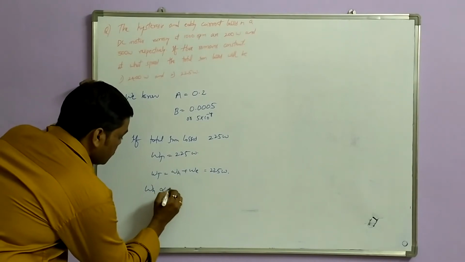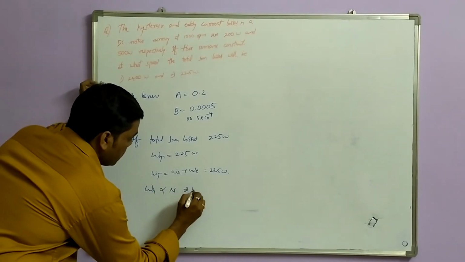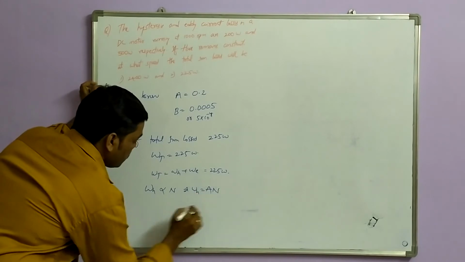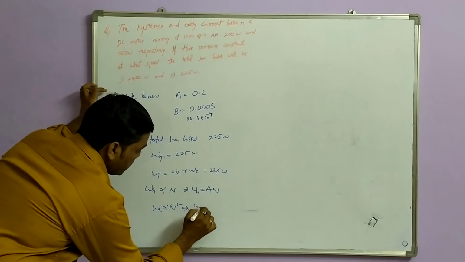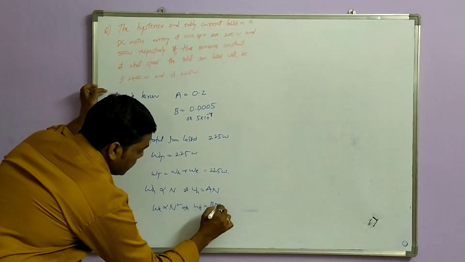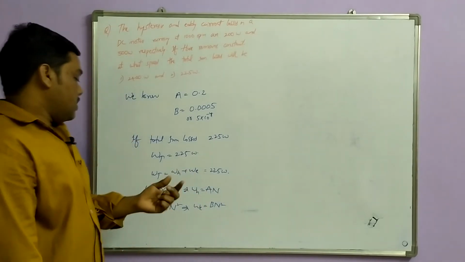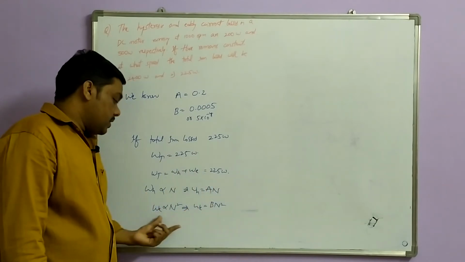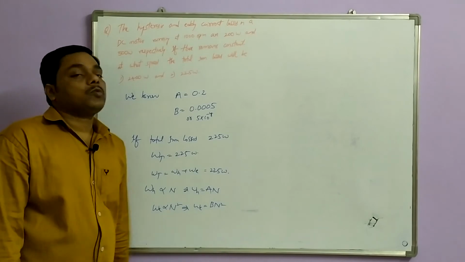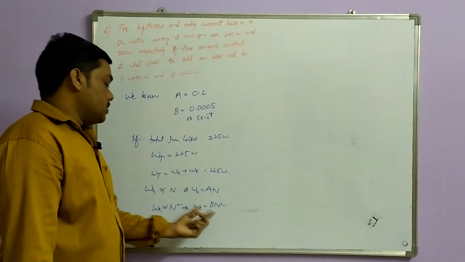Wh is proportional to N, so Wh is equal to A into N, and We is proportional to N square, so We is equal to B into N square. Hysteresis losses are directly proportional to speed and eddy current losses are directly proportional to the square of the speed.